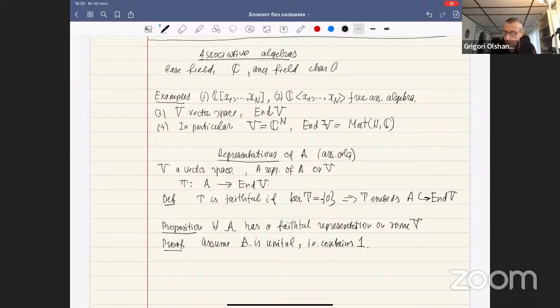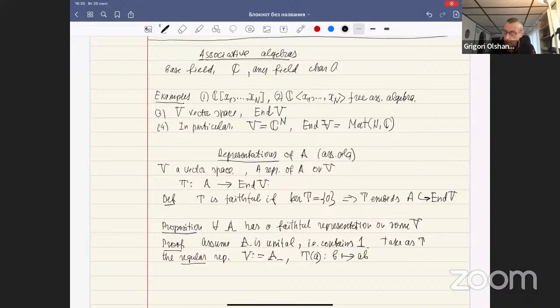Now we define the regular representation. Take T as the regular representation, which means that the space V is A itself, and the algebra acts on itself by left shifts, meaning that given an element A, the corresponding operator maps an arbitrary element B to AB.